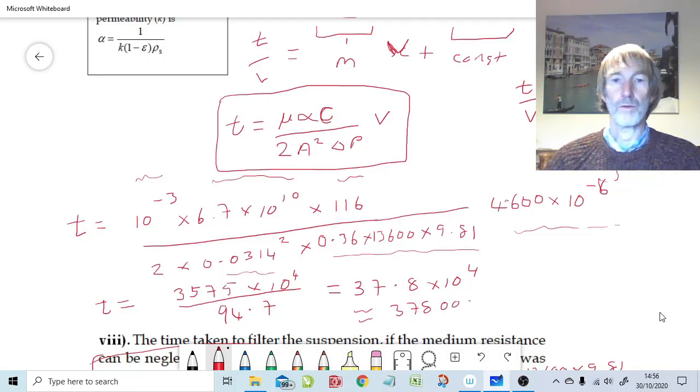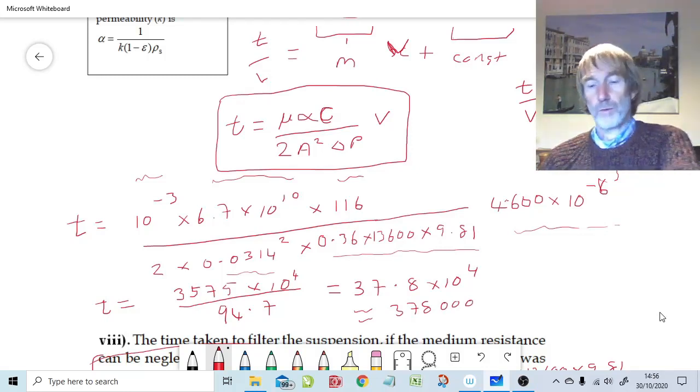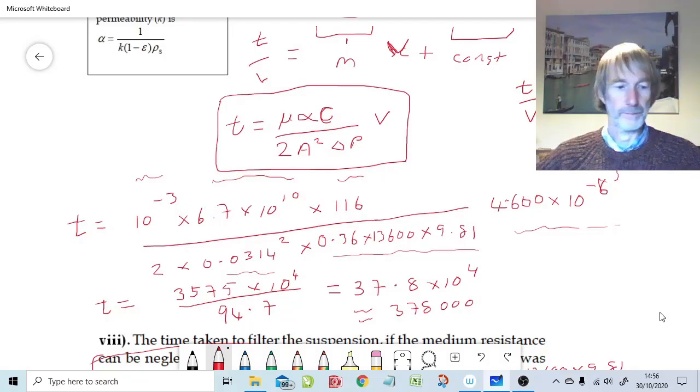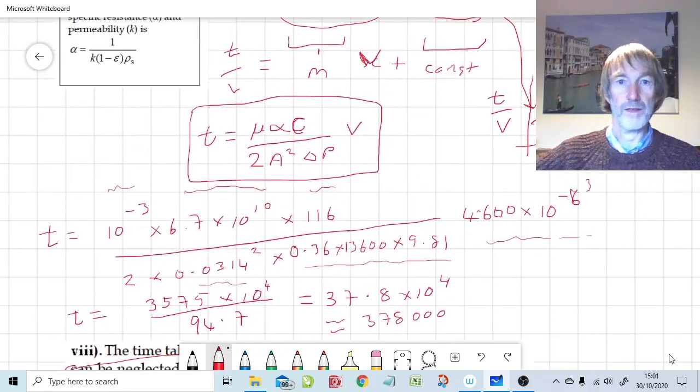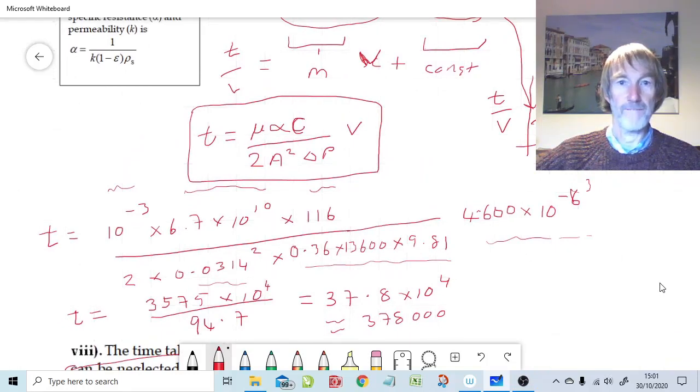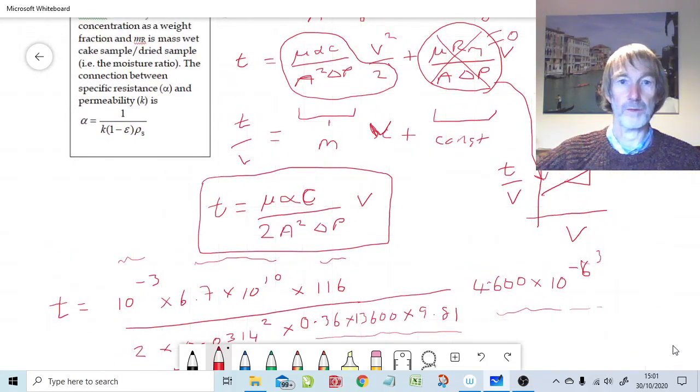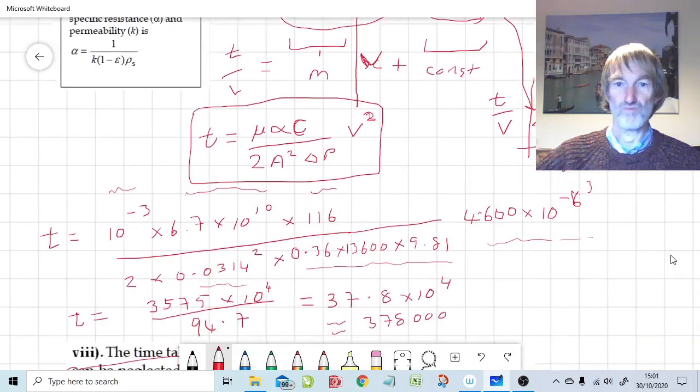Which sounds an awful long time. It is an awfully big number, and of course the reason behind that is that we're missing a V, aren't we? Because in our equation here, this should be V squared. So in other words, I need to multiply what I've just calculated by the volume again.